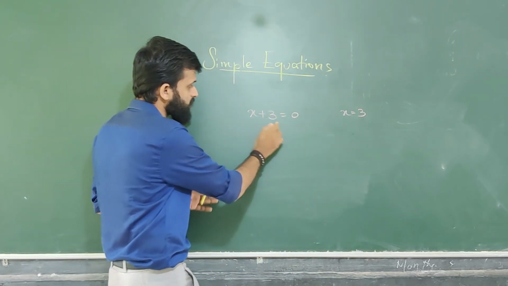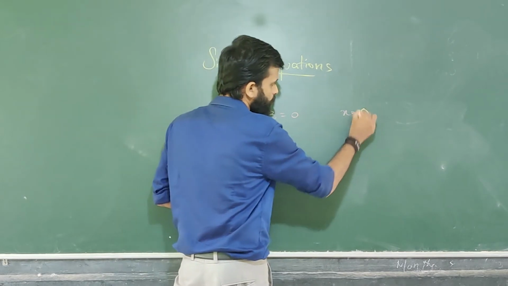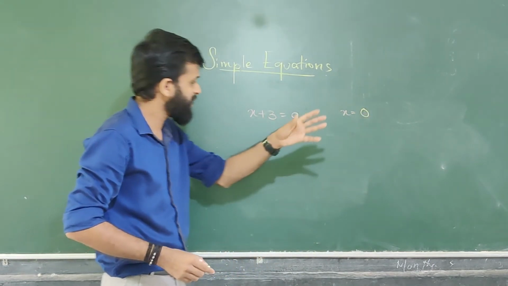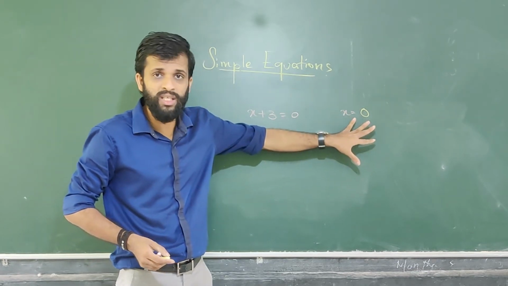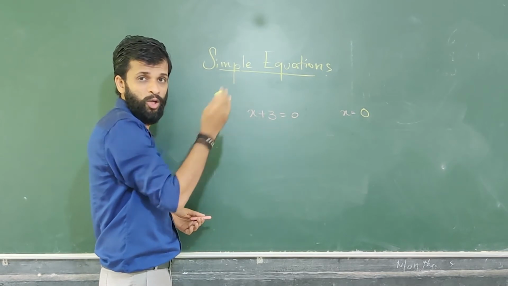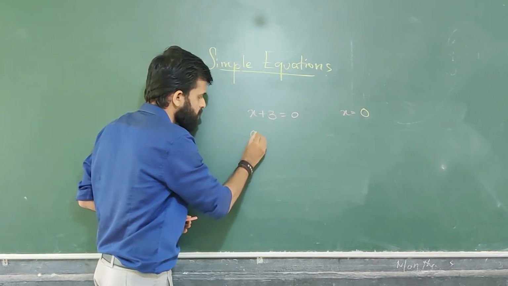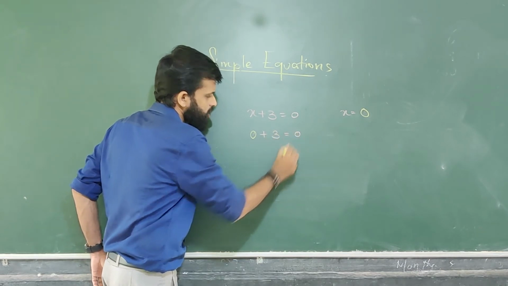Okay? x plus 3 is equal to 0 when x is 0. So they are saying that this equation is satisfied when x is 0. So here, in place of x, all that we do is put 0. So 0 plus 3 is equal to 0.